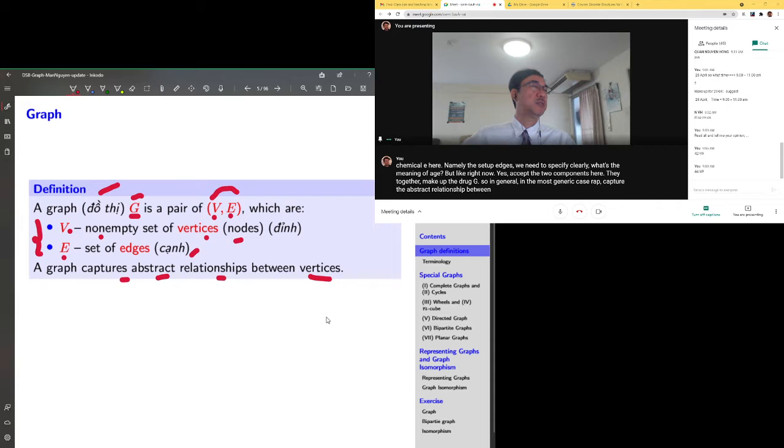We don't know yet what kind of vertices or nodes we study, but we understand this structure abstractly. Okay, so let's see a sample and see how we can build up the graph from the two components: the V, the vertices, and the E, the edges.